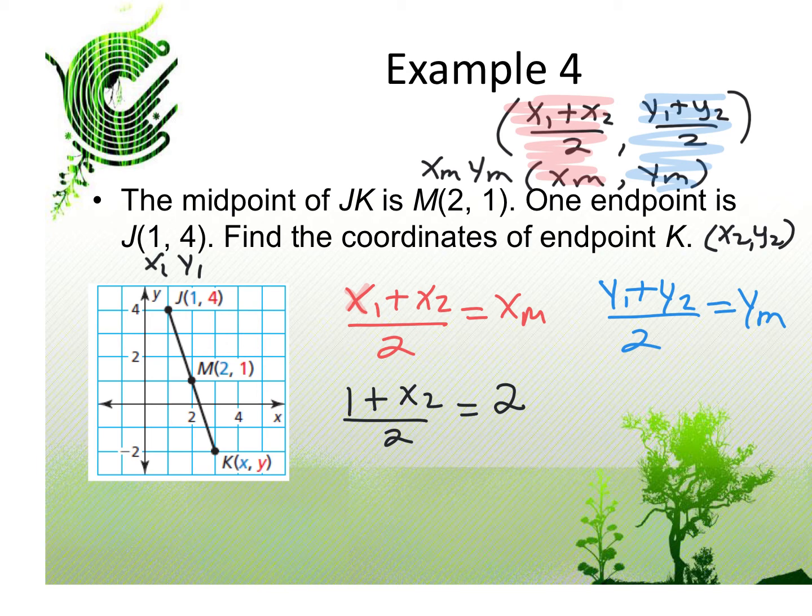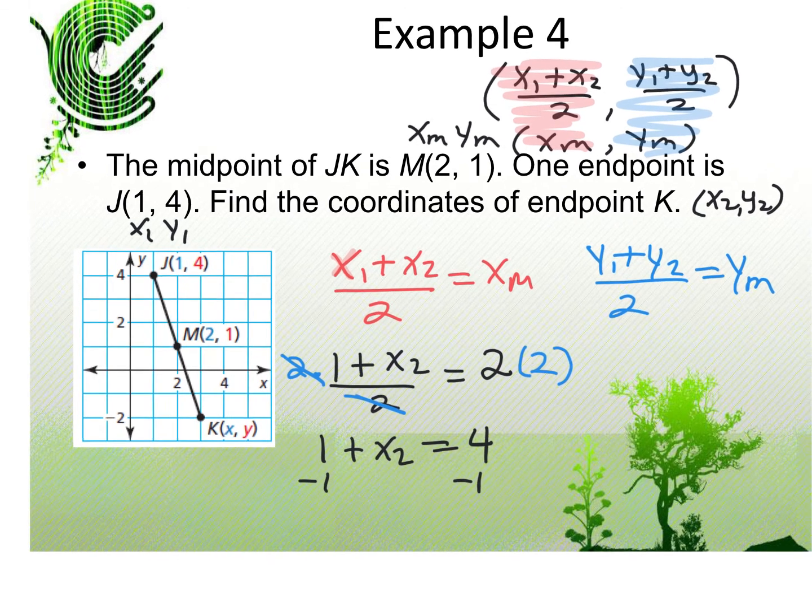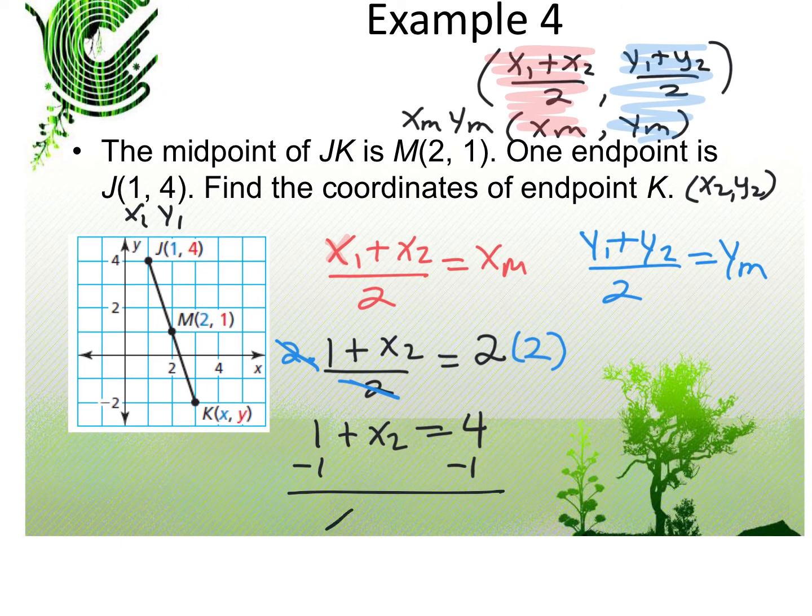So I'm going to multiply both sides by 2. And now I'm left with solving 1 plus x sub 2 equals 4. Subtract 1, and x sub 2, or the x of my point K, is going to be positive 3.